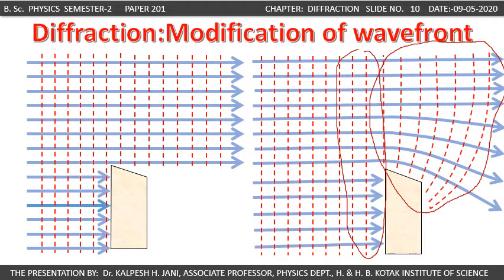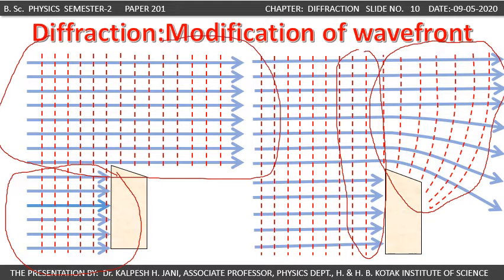So this bunch of wave is not independent of this bunch of wave. That is why we have taken the things in terms of wave fronts. Actually, the wave front is one whole entity which connects all types of waves together.